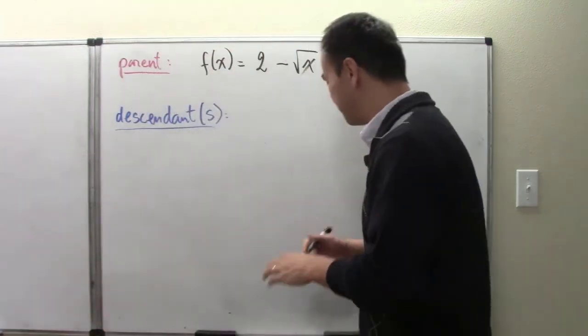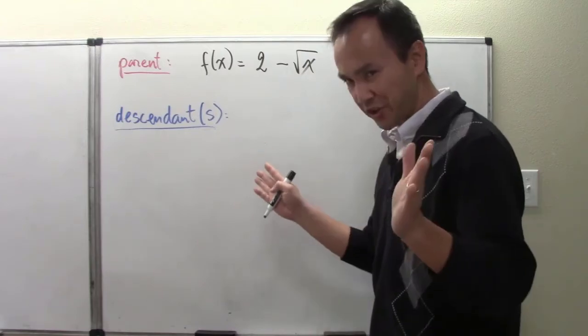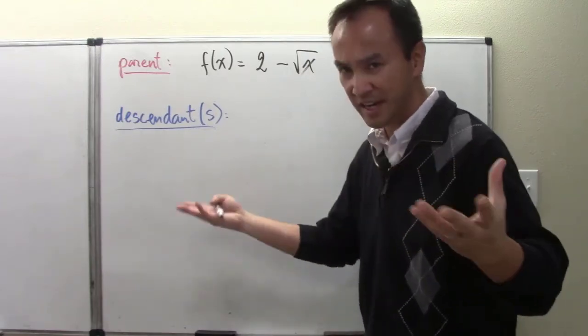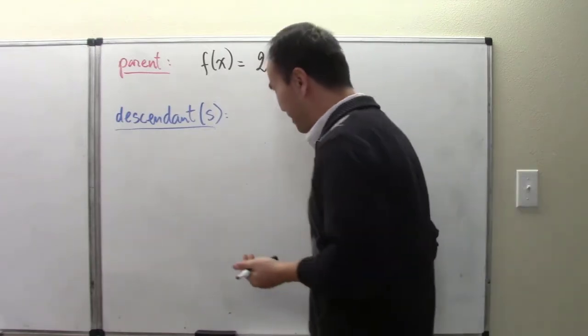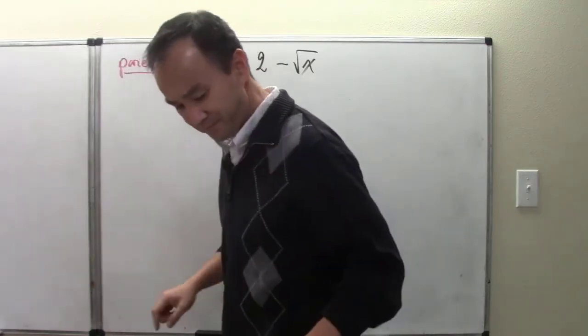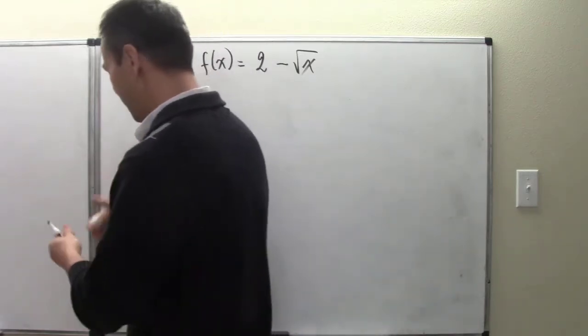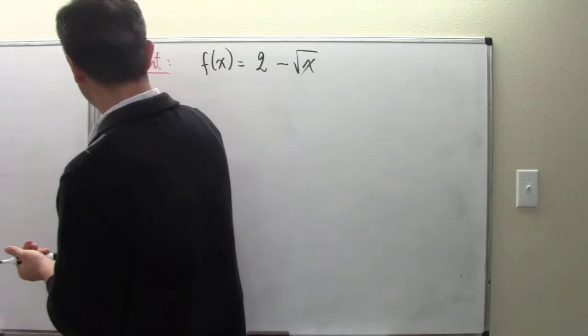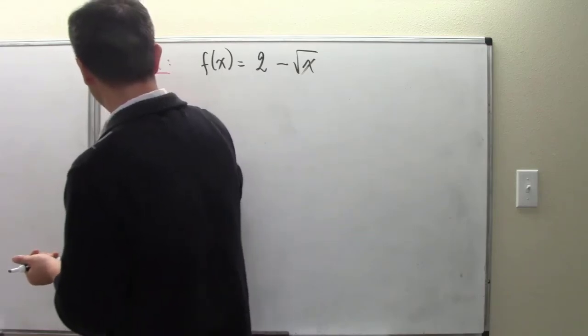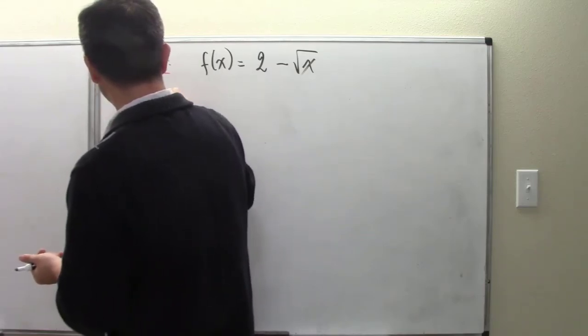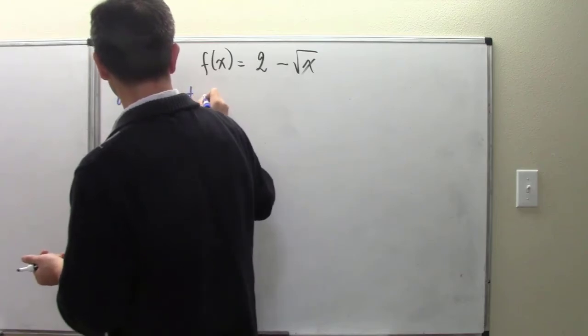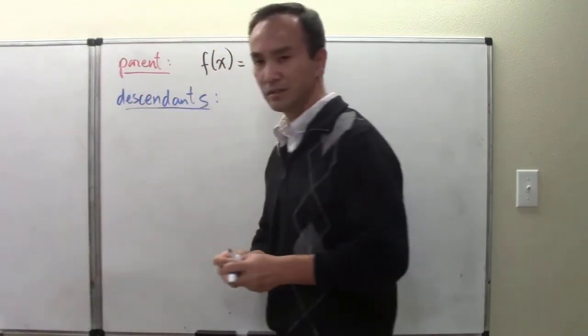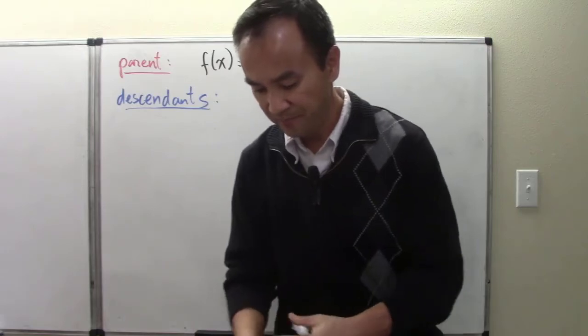There were stretch and compress, and of course everything here happens horizontally. Let me write the word descendants a little higher up so that I can maximize my space below that. So clearly we're looking at multiple descendants here.